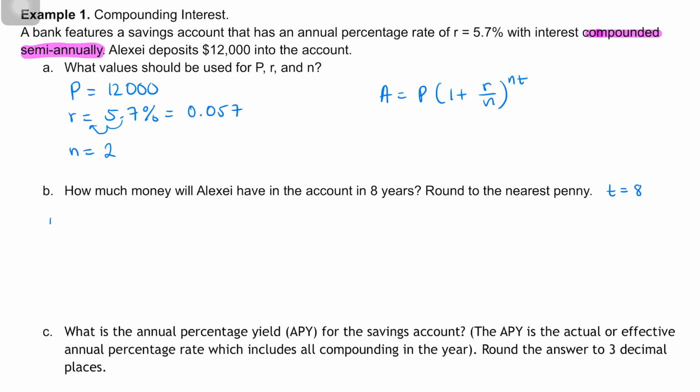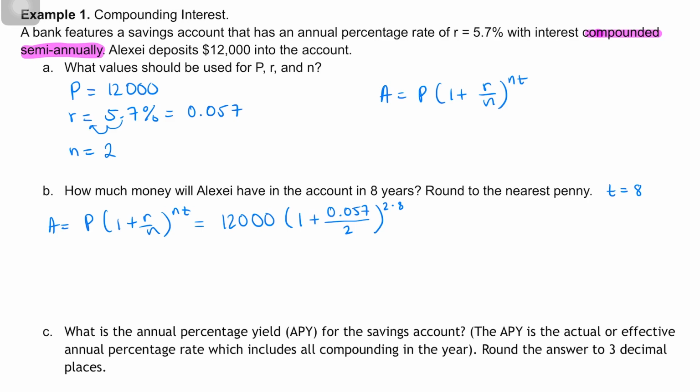So given what we already know, we're going to go ahead and replace every given piece of information. So P is 12,000, followed by parentheses 1 plus R, which is 0.057, all over N, which is 2, raised to the power of N, which is 2, times T, which is 8.